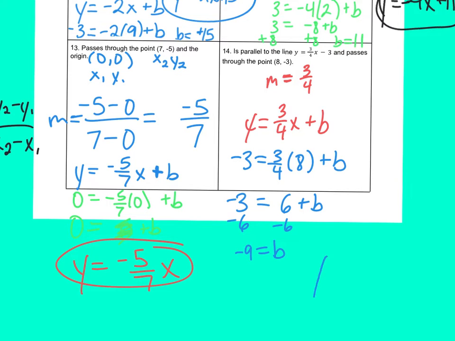So our final equation is y equals 3/4 x minus 9. Questions on that? Raise your hand if you got that one. Good. If you didn't get that one, make sure you understand why.